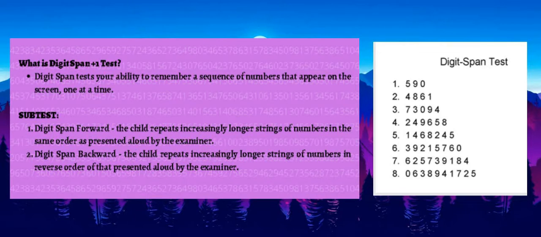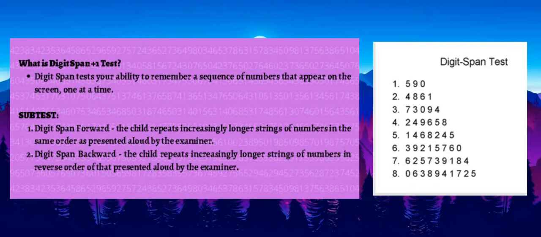For digit span forward, the child repeats increasingly longer strings of numbers in the same order as presented aloud by the examiner. Next is digit span backward, where the child repeats increasingly longer strings of numbers in reverse order of those presented aloud by the examiner.